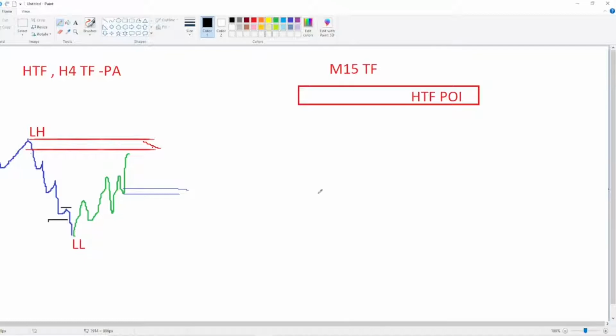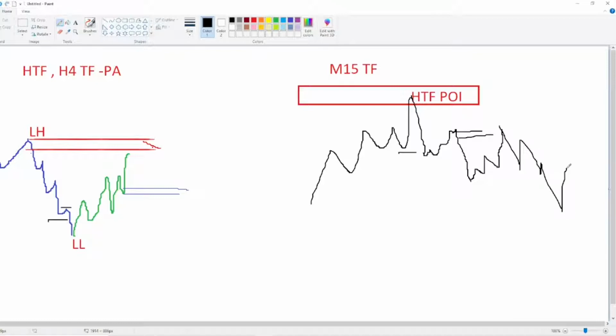When the market taps in this region and trades to the downside and breaks structure, I said the market does that in the first phase. In the second phase, the market may induce you a little bit and then break structure to the downside, and in the third phase the market came back into this region and made a new lower low.